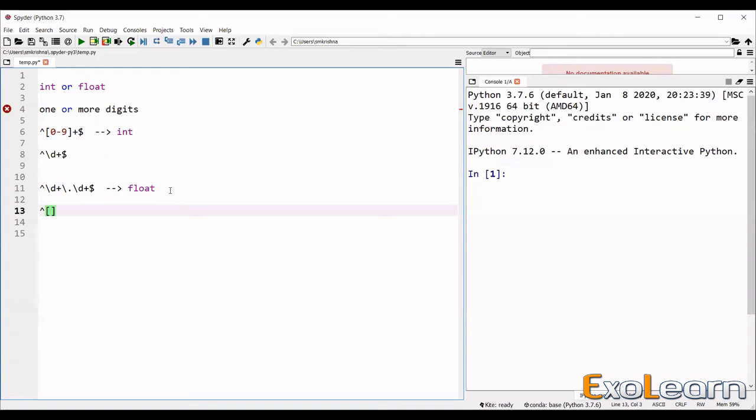Within square brackets I am writing plus or minus. But is it compulsory to have a plus or a minus? No. If you don't use a plus or a minus, it is treated as a positive number. So having a plus or a minus in our input is optional. That's why I need to use a question mark.